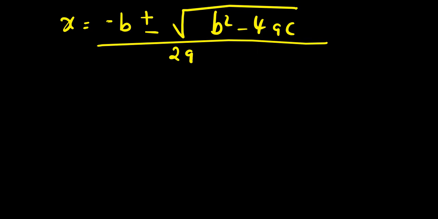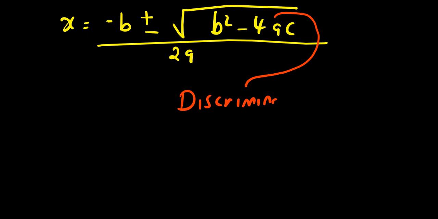Now I must make mention that this in the root is what we call the discriminant. The discriminant just determines the direction in which the quadratic equation is going to go. Is it going to cut the x-axis? Is it going to cut the y-axis? All these conditions will be dependent on what we call the discriminant.